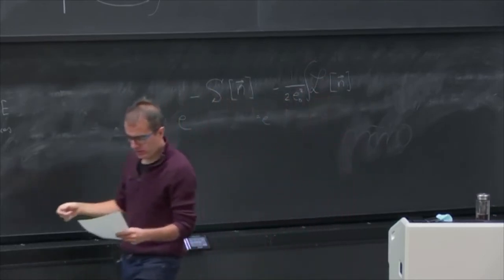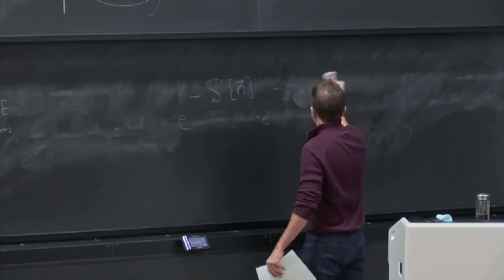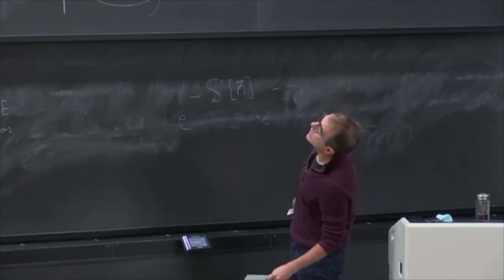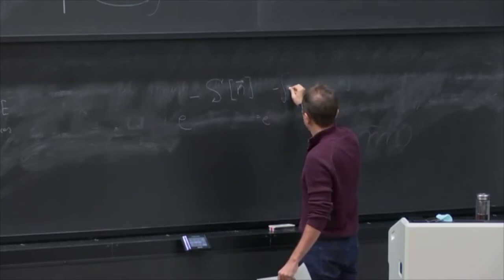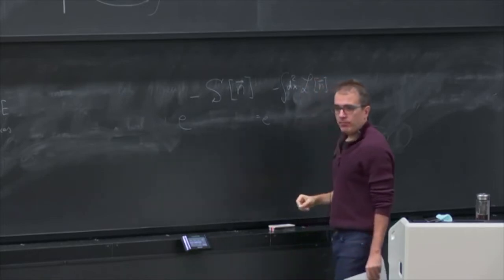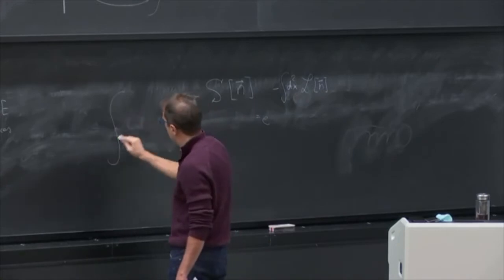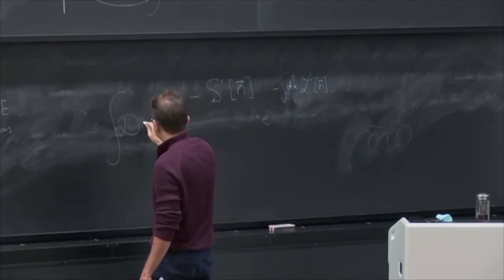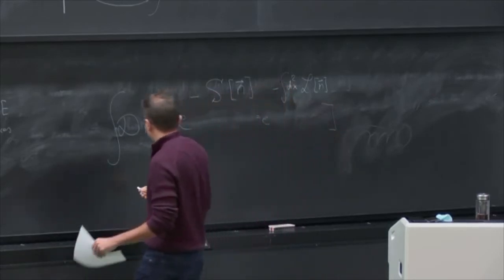Sorry, no. Let me just write it like this. The Lagrangian, I did not define. Okay, so e to the minus the integral d2x times the Lagrangian of this vector n. And then we want to integrate over all configurations n.